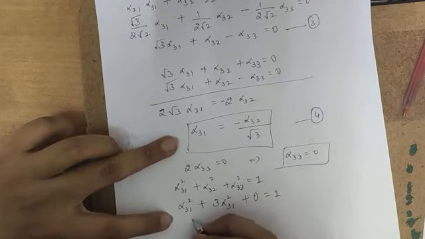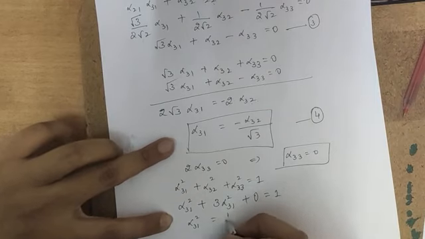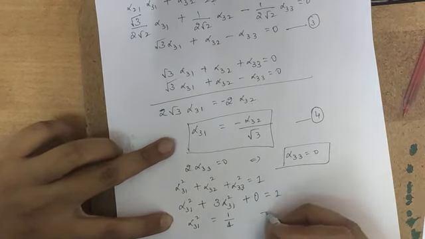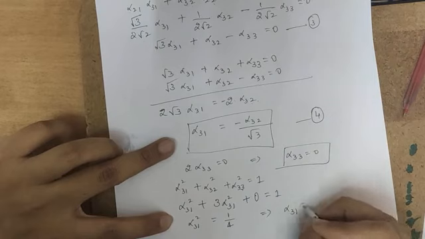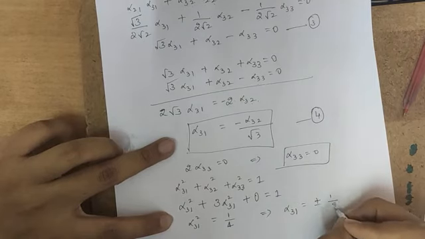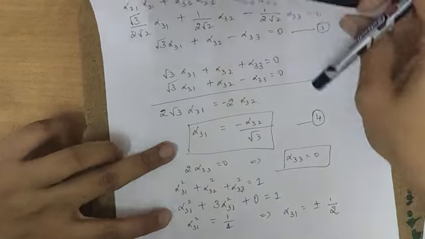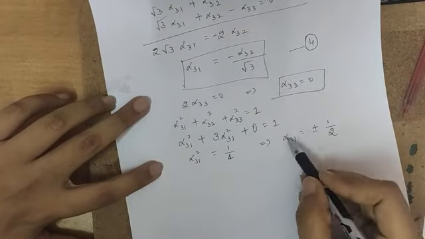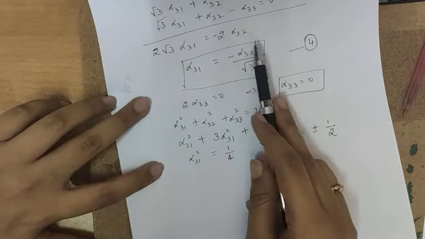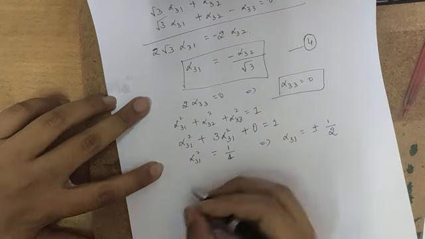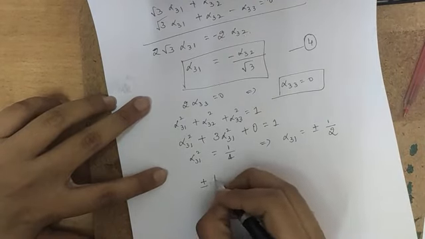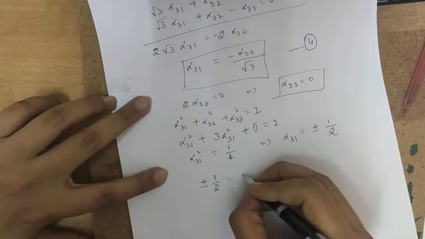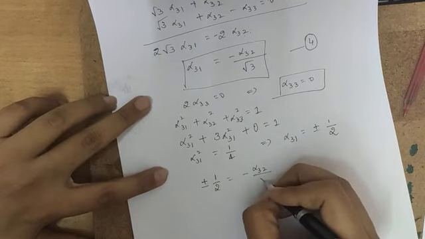So if I take alpha 31 square outside, I will get 1 over 4. So this implies alpha 31 is plus or minus 1 by 2. So now if I substitute alpha 31 value here, I will get the value of alpha 32. So alpha 31 is plus or minus 1 by 2 is equal to minus alpha 32 by root 3.